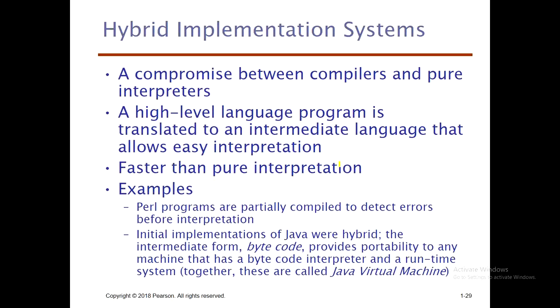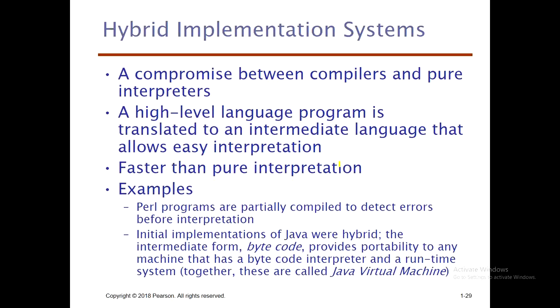Another, a third type, is called the hybrid implementation system, which is actually a compromise between pure compilation and pure interpretation. In this type of programs, a high-level language program is translated into an intermediate language that allows easy interpretation.